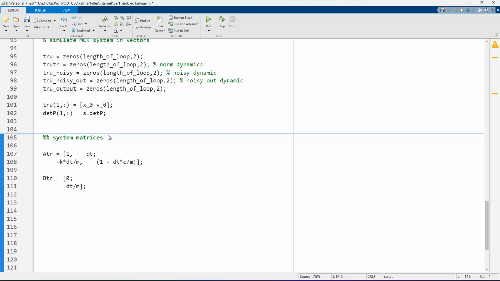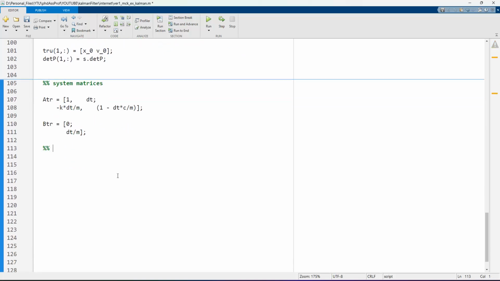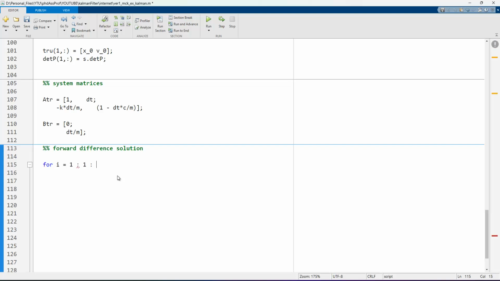Okay, so how can we create the time solution? The forward difference solution can be given by for i equal to 1 to length of loop minus 1. Okay, these are the basic forward difference conditions, beginning with 0 up to the length of the loop, and so the time solution is created at this line.